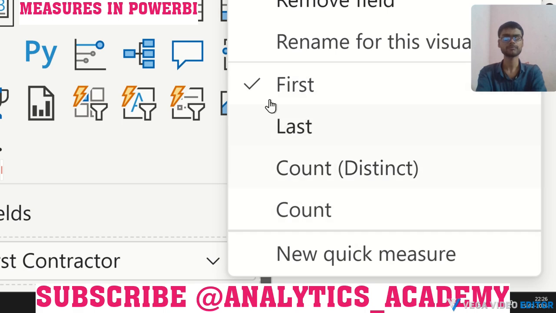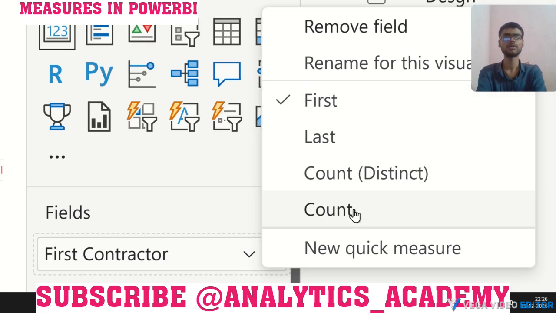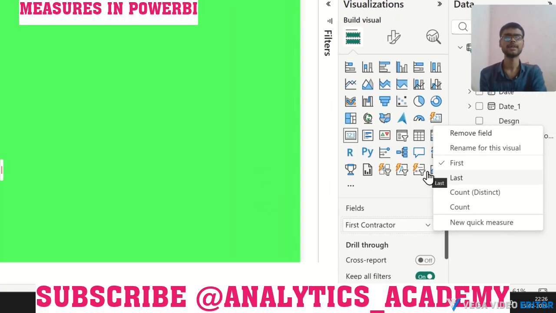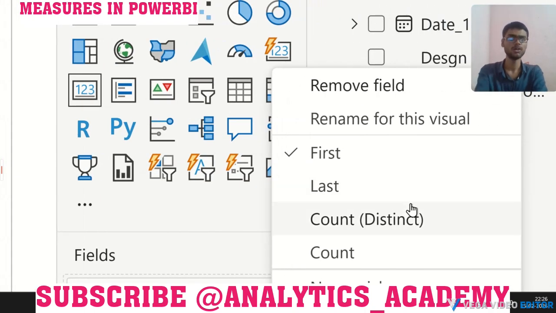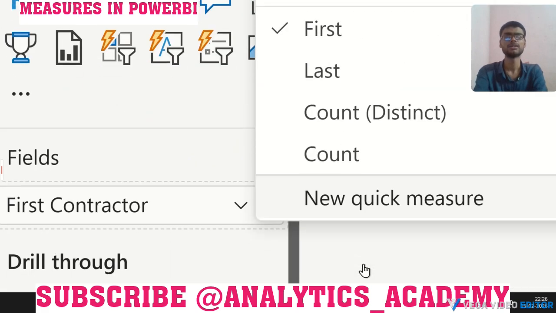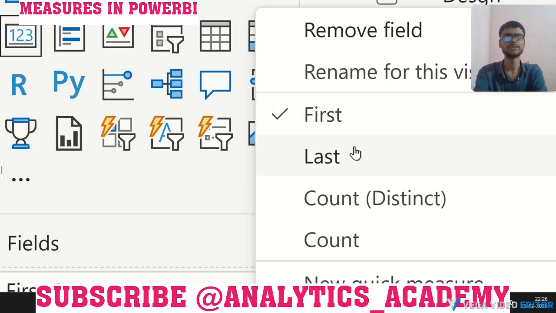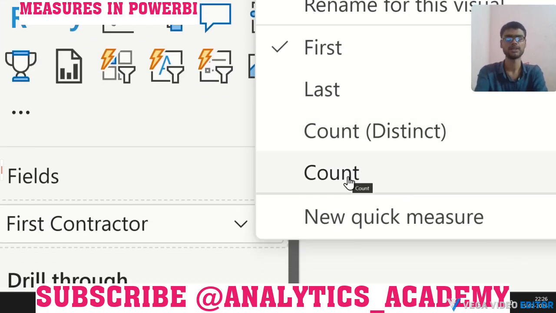If I want the average of a particular column, then I will be using an explicit measure. Only four functions, first, last, count distinct and count, are implicit measures, which are predefined measures provided by Microsoft Power BI.